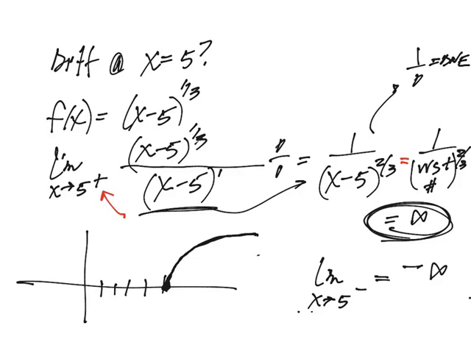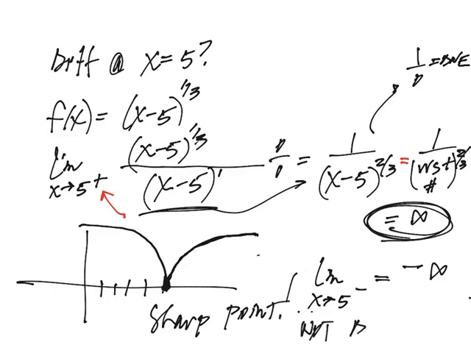If I come in from the left-hand side, I get negative infinity. So it could look something like this, where it's getting infinitely negative there. Still not differentiable, because the two-sided limit does not exist.